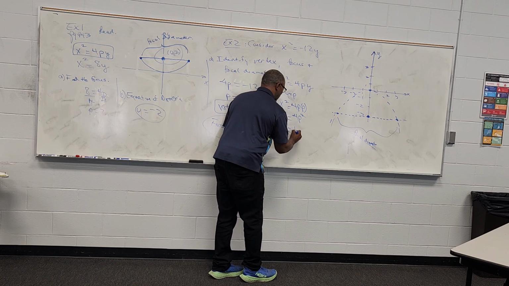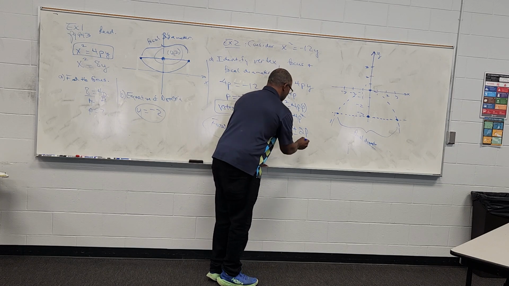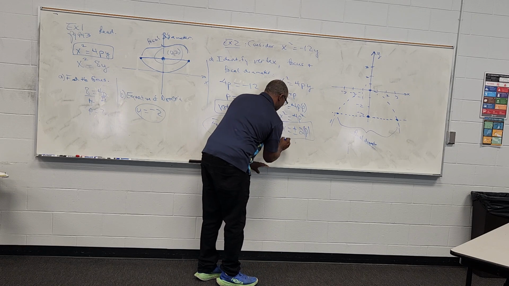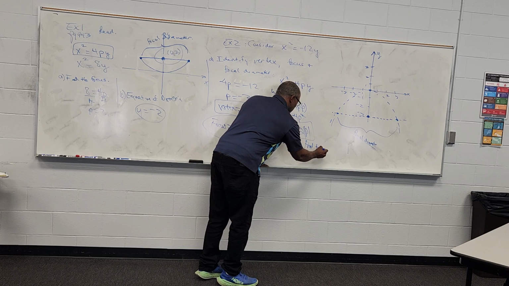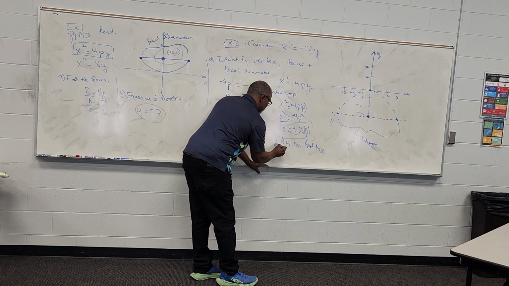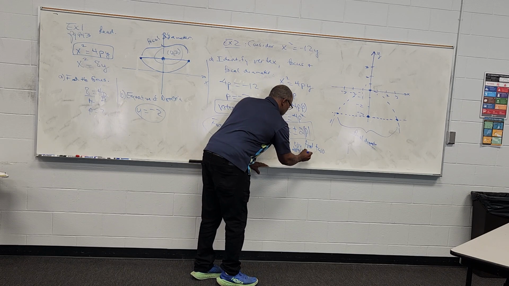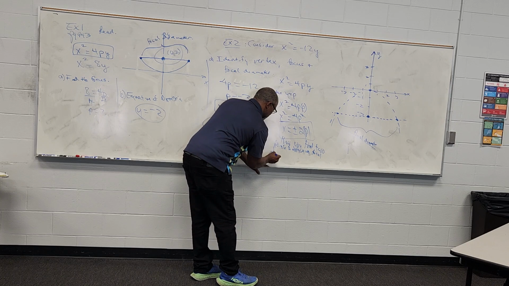Take the square root of both sides. X is plus or minus, and this should be absolute value. This is how you find two points to determine focal diameter.